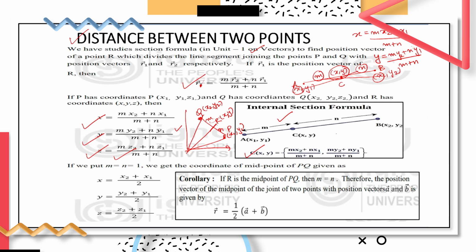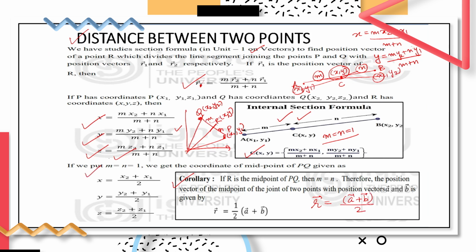Now, if point C, which is shown over here in this figure, bisects, that is, it is not dividing in unequal ratios m is to n, it is just dividing such that m is equal to n is equal to 1, then in that case this corollary is followed, and we also discussed this corollary, that the resulting vector R will be nothing but the midpoint of the two vectors A and B, and it is given by A plus B by 2.